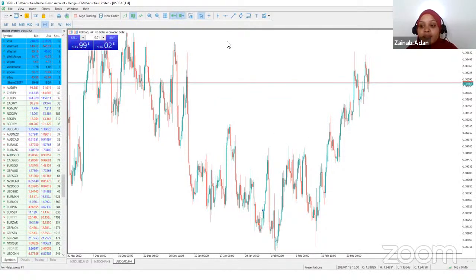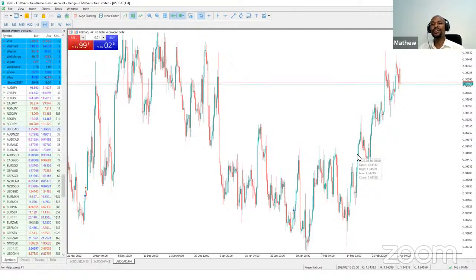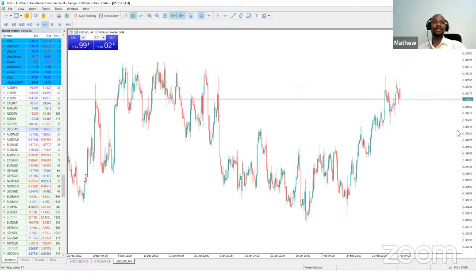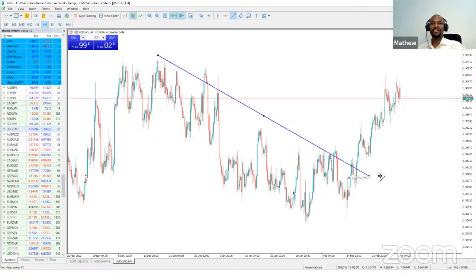Yeah. So in this case, when we talk about choke, change of character, it is simply what we call break of a trend or change of trend. If you look at this one here, before we have this upside move, I'm seeing this trend.